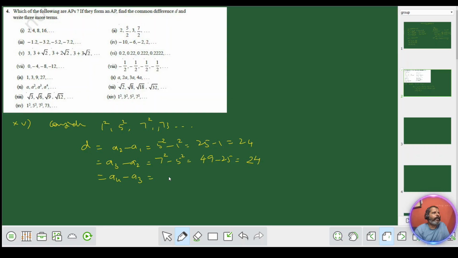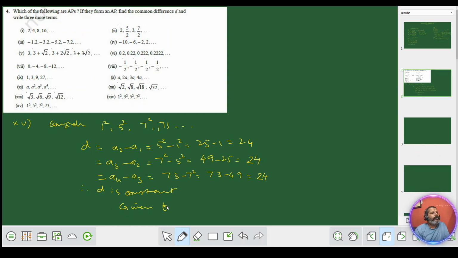A4 minus A3 is 73 minus 7 square, that is 73 minus 49, which is 24. Therefore, D is constant.